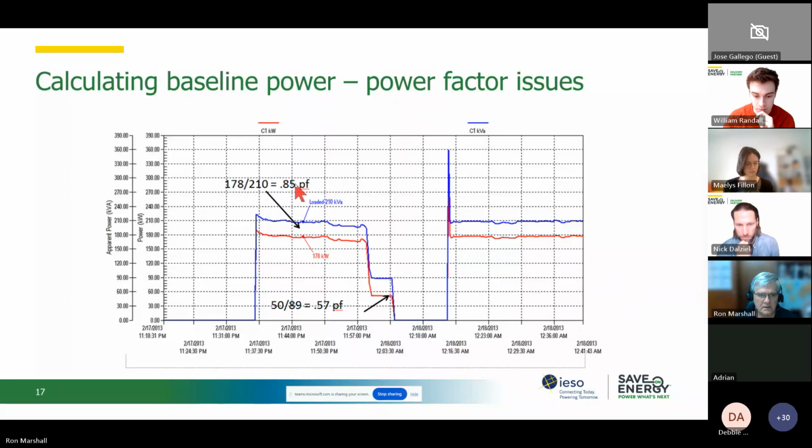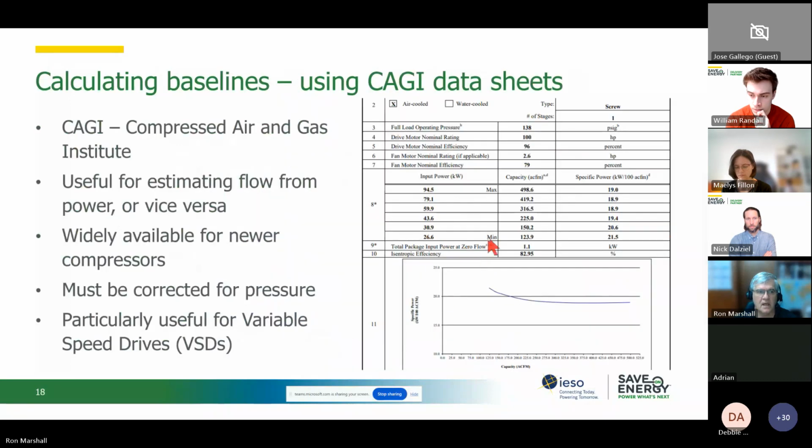So 85% power factor here, 57% power factor here. So if this compressor had a long period of unloaded runtime, your calculations would be incorrect. And that's one of the reasons why a project might underperform, if the calculations are not done correctly.